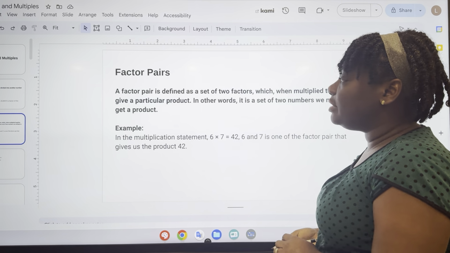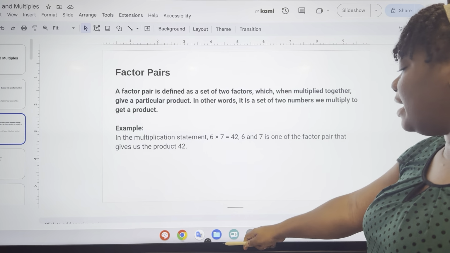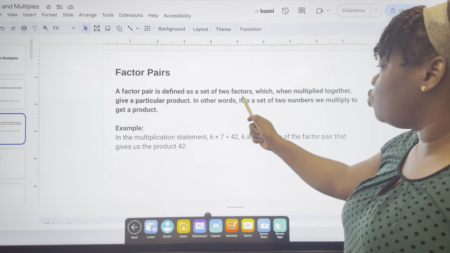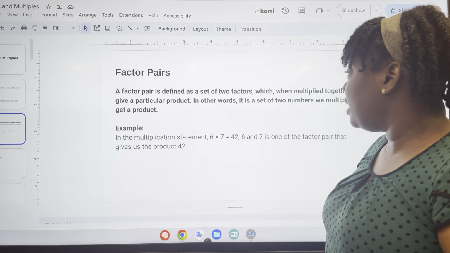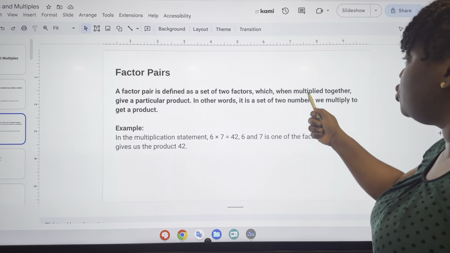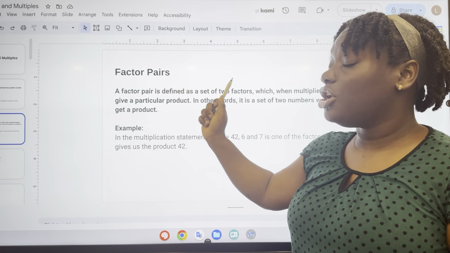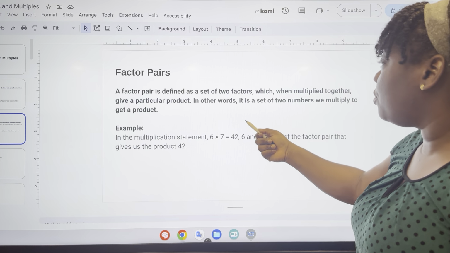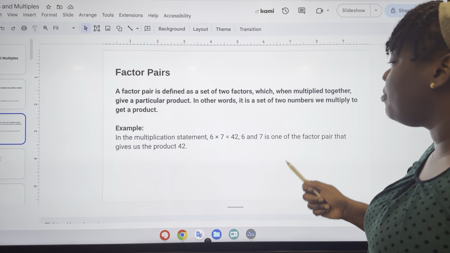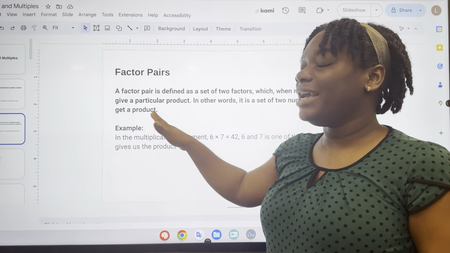All right? So it says a factor pair is defined as a set of 2 factors which when multiplied together give a particular product. In other words, it is a set of 2 numbers we multiply to get a product.